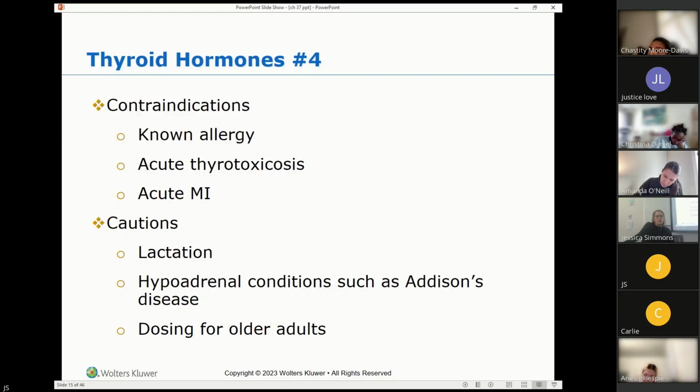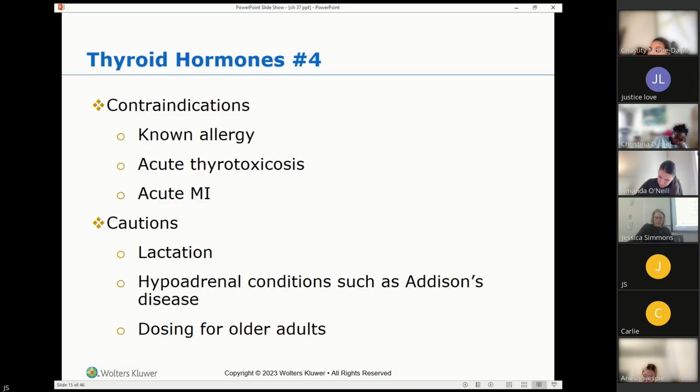It says also you want to use caution with hypoadrenal conditions such as Addison's disease. And there are dosing recommendations for older adults. I don't know if you have heard of the Beers criteria, which is a list of medications that can be toxic to the elderly geriatric population, is harmful to kidneys and liver, and may need decreased dosing because of increased age.